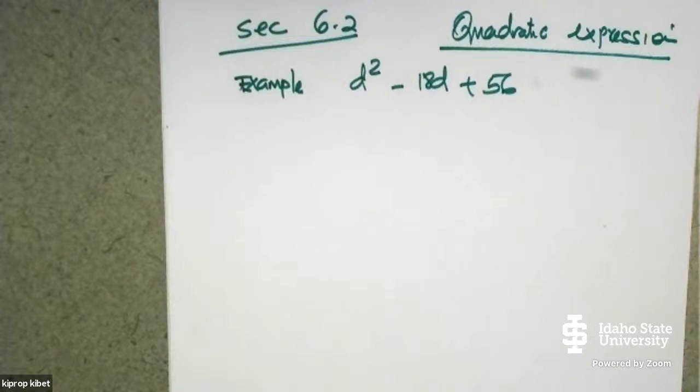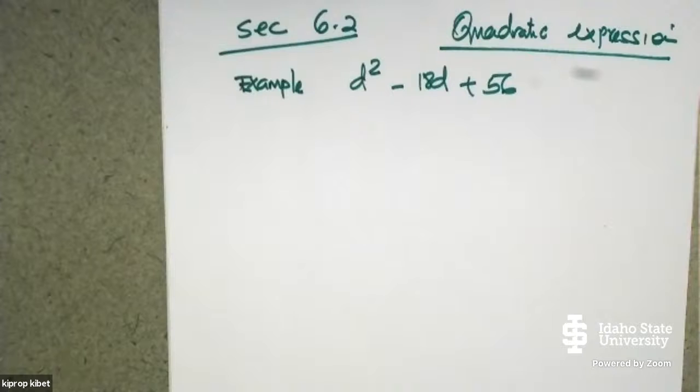Quadratic is where the highest power is 2. Once the highest power is 2, that becomes a quadratic expression. If there was an equal sign here, it becomes a quadratic equation.